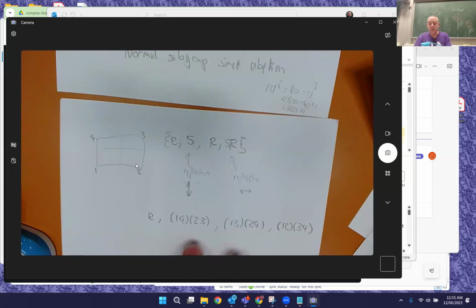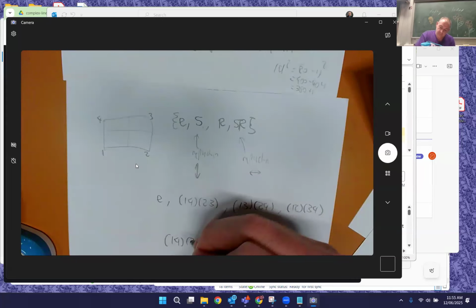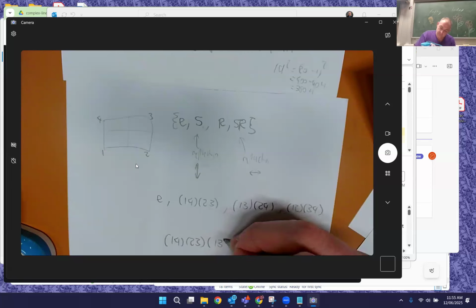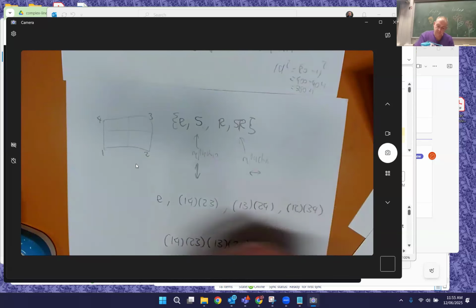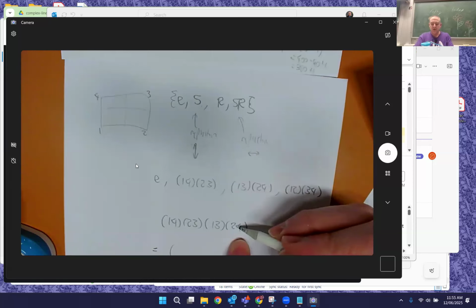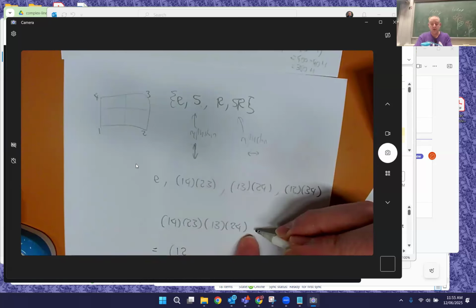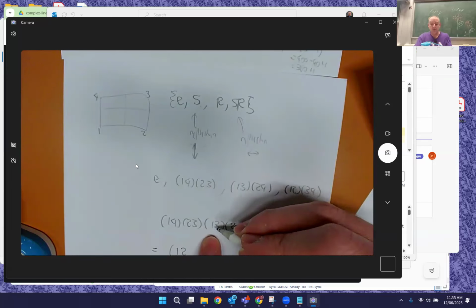And presumably, when I multiply these 2 together, I should get that one. So coming in, 1 doesn't change, it becomes 3, and then it becomes 2. And then coming in, 2 becomes 4, and then 4 becomes 1.